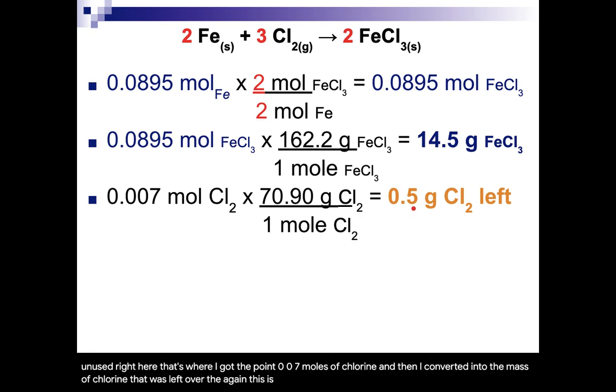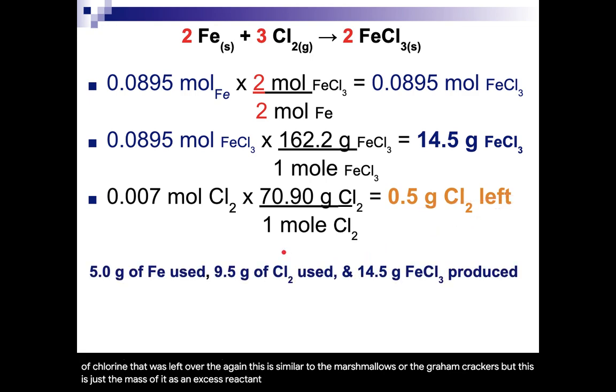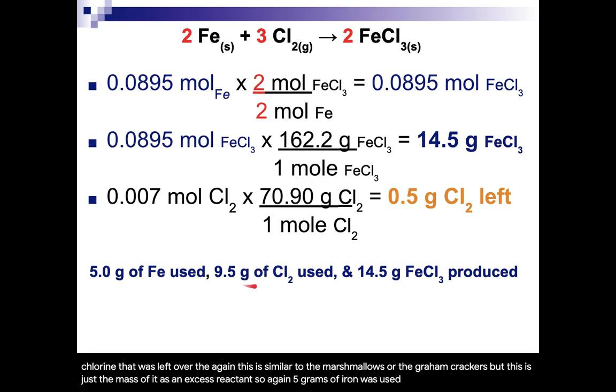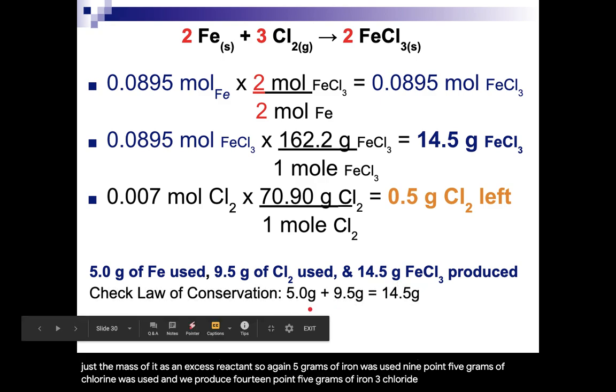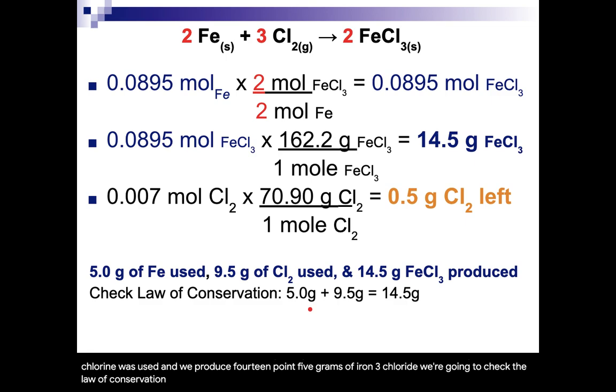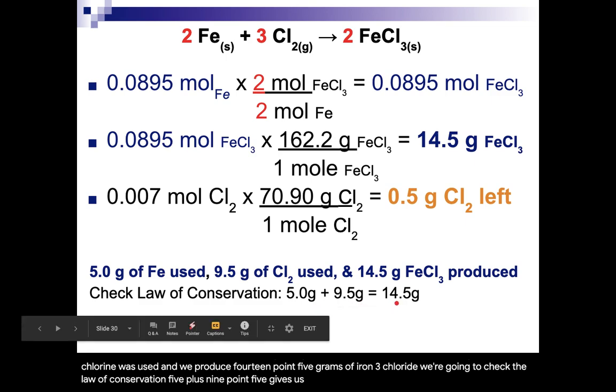Again, this is similar to the marshmallows or the graham crackers, but this is just the mass of it as an excess reactant. So again, 5 grams of iron was used, 9.5 grams of chlorine was used, and we produced 14.5 grams of iron 3 chloride. We're going to check the law of conservation. 5 plus 9.5 gives us 14.5.